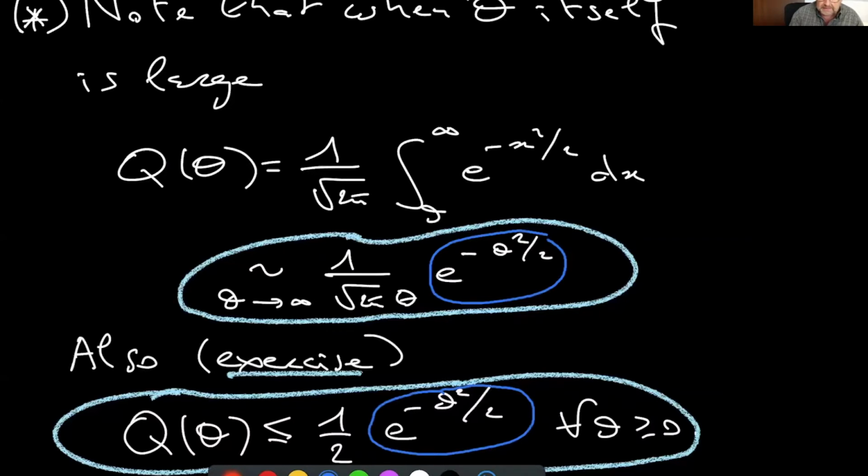This means that if you multiply the Gaussian tail by exponential of theta square over 2, this quantity behaves in the following way. Its maximum is 1/2, and it decreases like 1 over square root of 2 pi theta when theta is large. This is the meaning of the two results here.